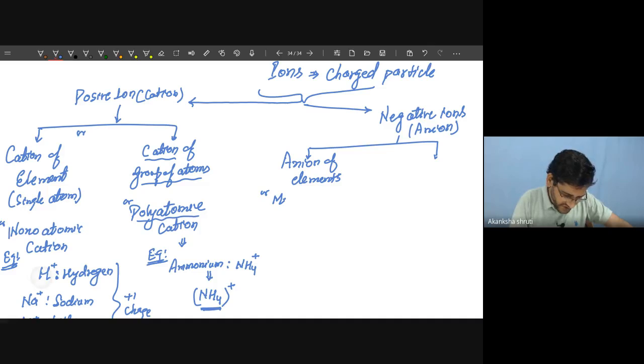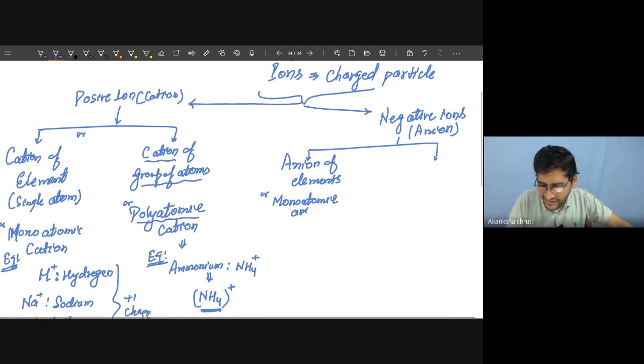It is M, not N. Monoatomic anion. For monoatomic anion, again the charge could be 1 unit, 2 unit, or 3 unit.